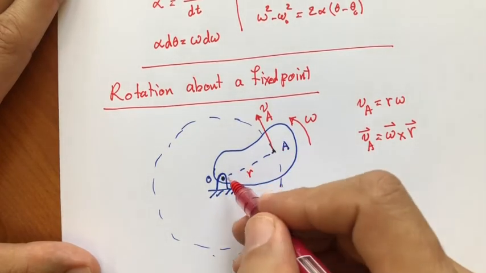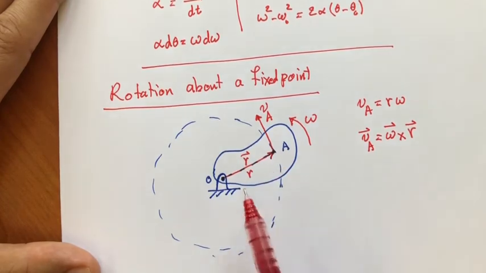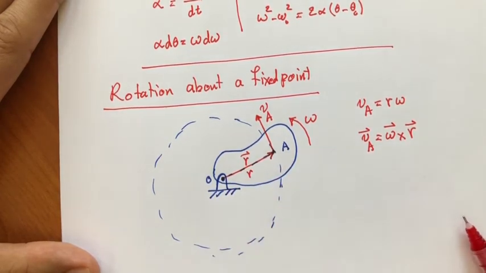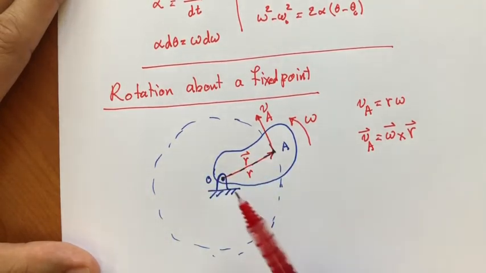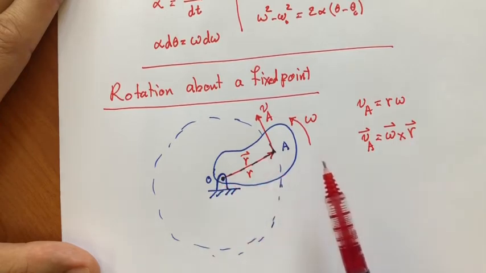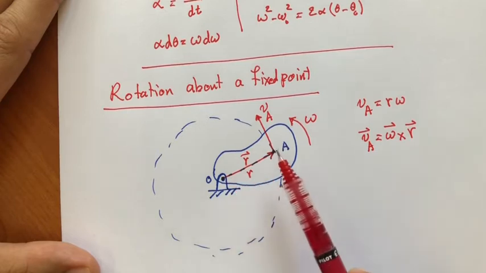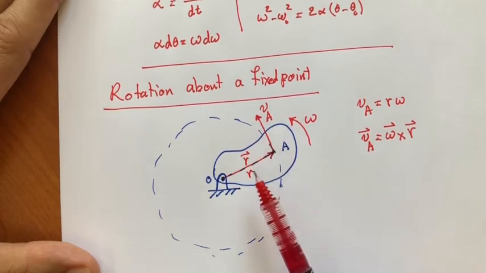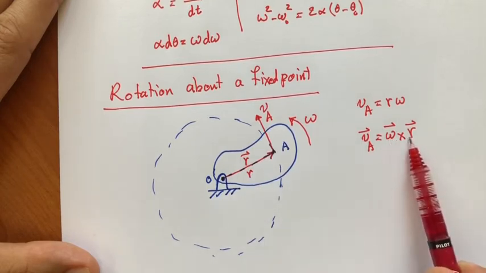And also r is this vector, right? Now, if you want to calculate omega cross r, based on right-hand rule, you need to put your fingers along omega upward, then rotate your 4 fingers toward the second vector, which is r. Then your thumb is going to show the direction of this result. If you do that, you're going to see your thumb is going to show this direction, because the result of this cross product must be perpendicular to omega and r.